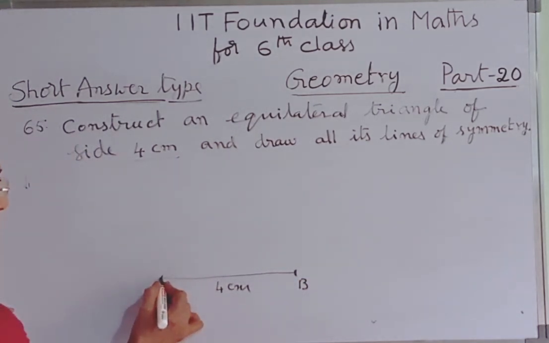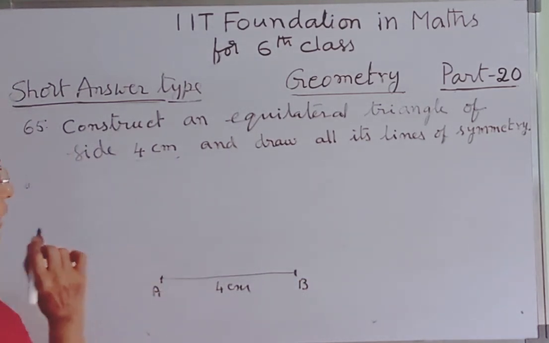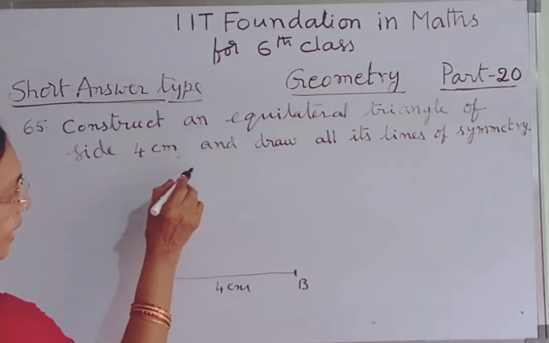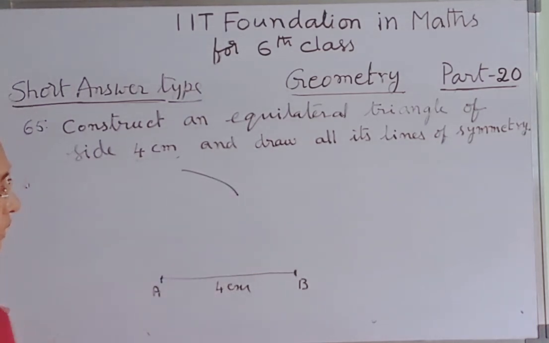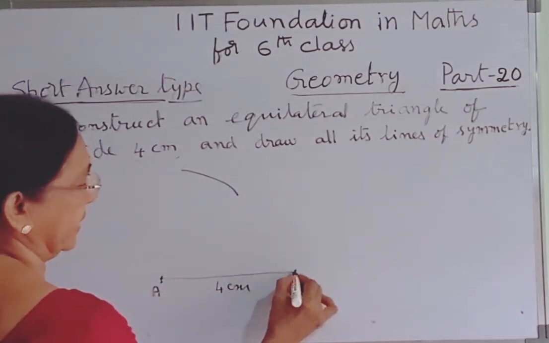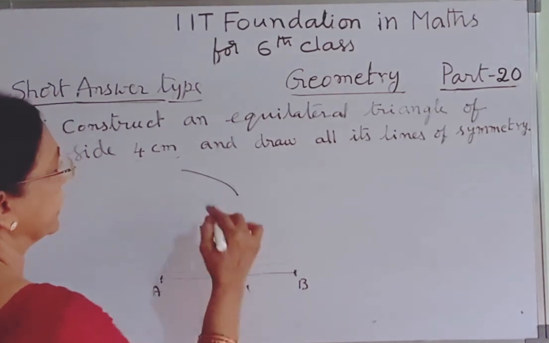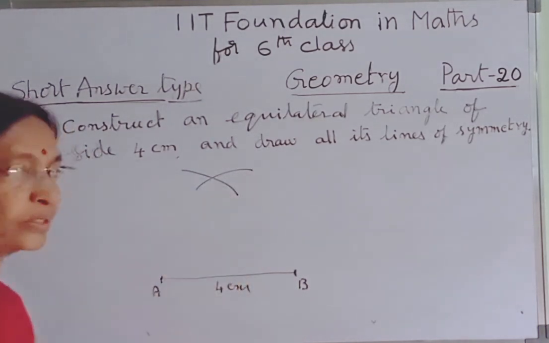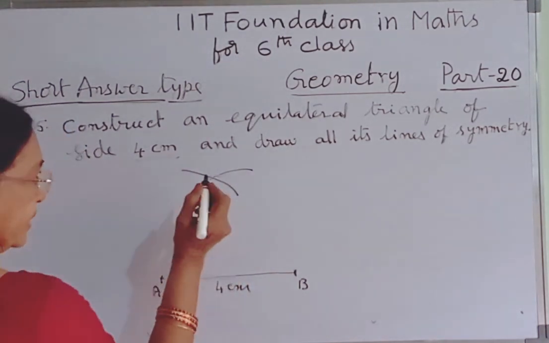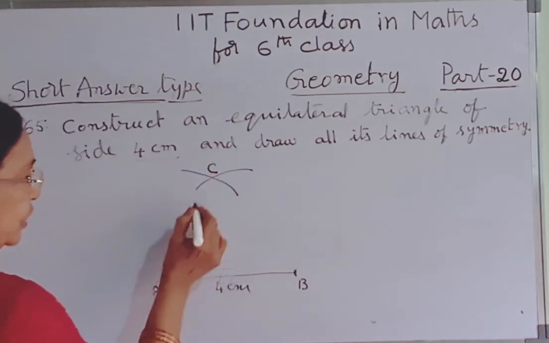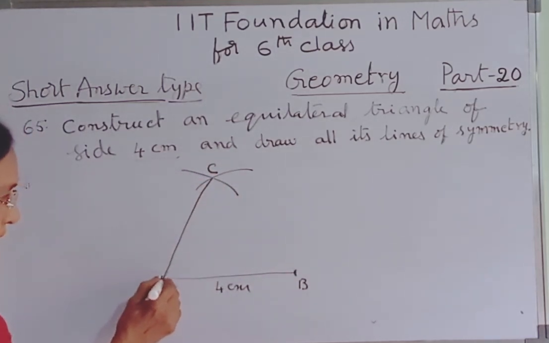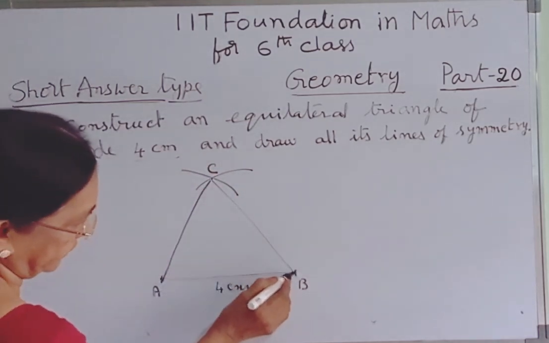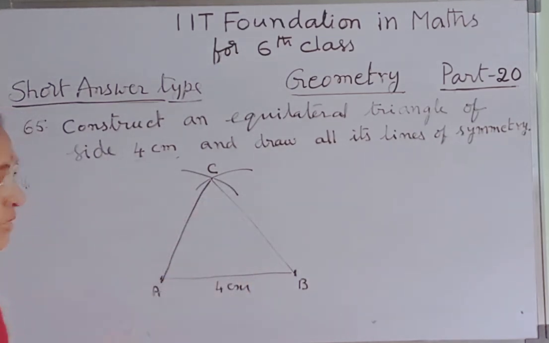Then with A as center and 4 centimeters as radius, draw an arc. And again with B as center and the same radius 4 centimeters, draw another arc. The two arcs intersect at a point C. Join AC and join BC. ABC is an equilateral triangle.